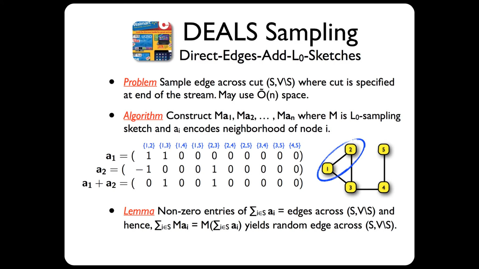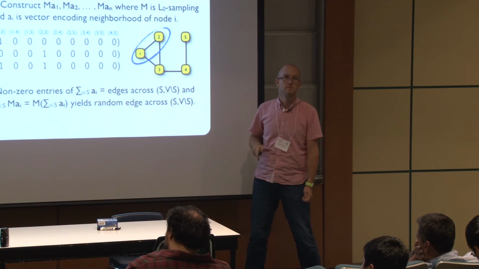I've just shown that the non-zero entries of the sum correspond to edges across the cut. And because M is an L0 sampling sketch, it returns a random non-zero entry. So by post-processing this, you find a random edge across this cut.